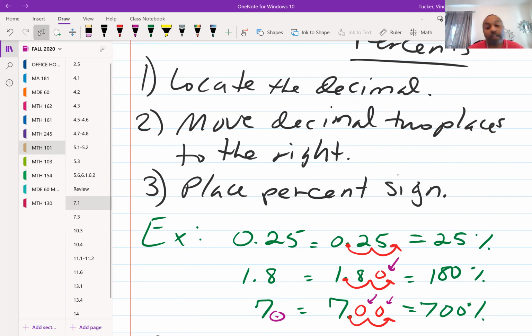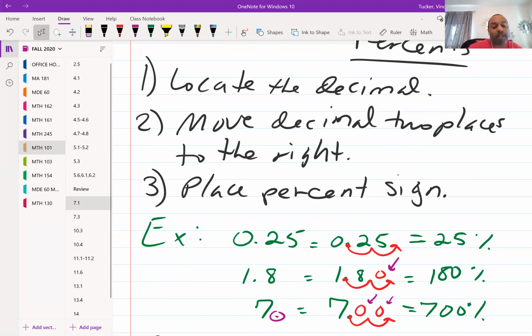All you're doing is moving your decimal to the right twice, then placing your percent sign. So 0.25, move the decimal 2 places to the right, 25%. If I have 1.8, move your decimal 2 places to the right, even though there's not another digit there, you will use 0 as a placeholder. So that'll give you 180%.